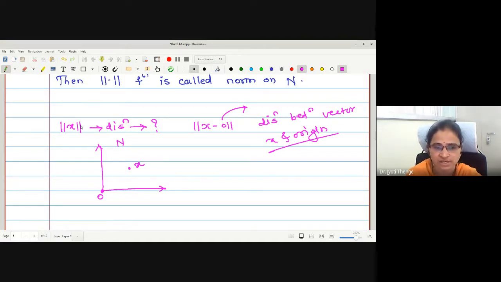Norm x suggests the shortest distance, so this norm x gives us the distance between a vector and the origin.